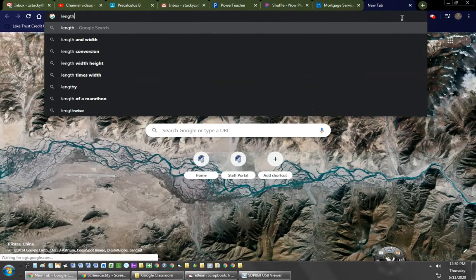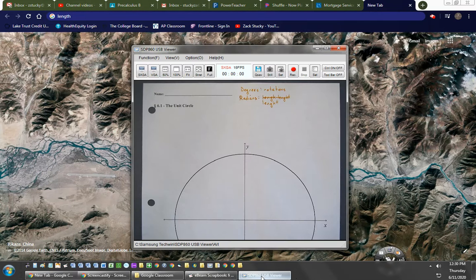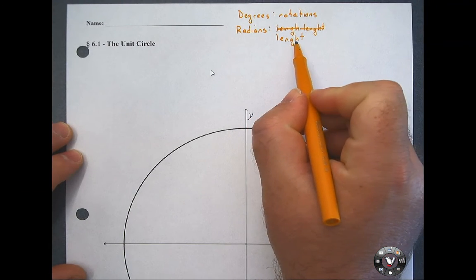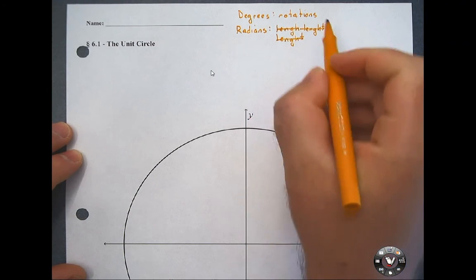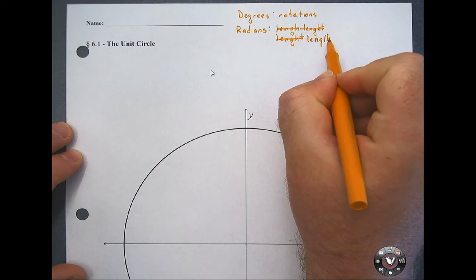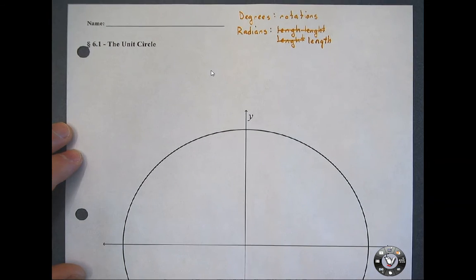Geez, I keep spelling it the same way. All right, sorry, let me get back on track here. Look, I keep putting the H on all these. Length. How about that? There we go.